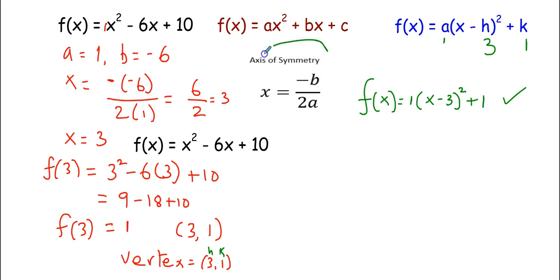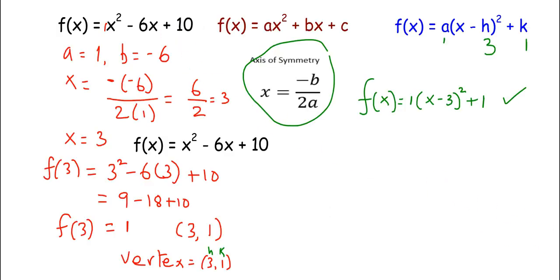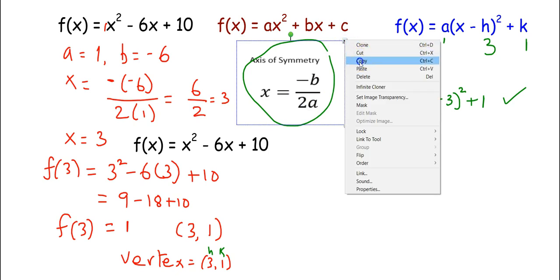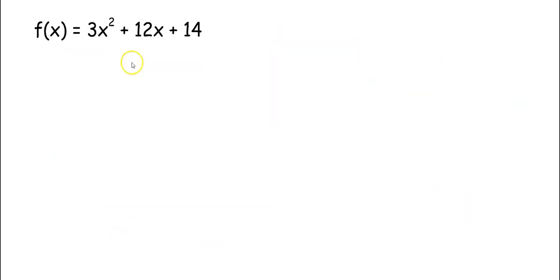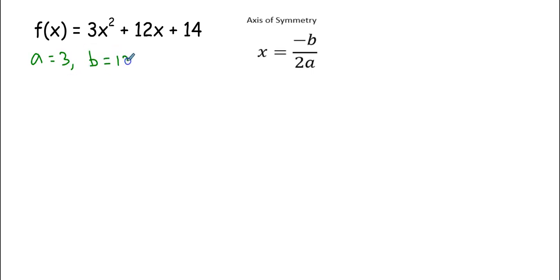The thing is, I need to know that the axis of symmetry is equal to negative b over 2a. Let us look at one more example following the same rule of axis of symmetry. I'll use this to find my vertex form. What is the value of a? In this case, a is equal to 3, b is equal to 12.